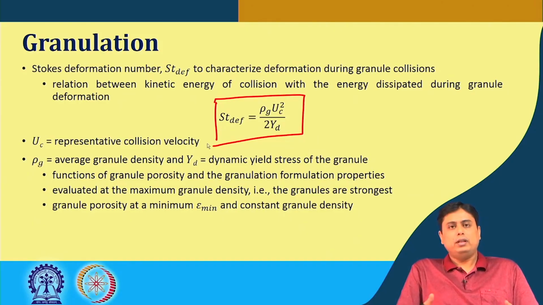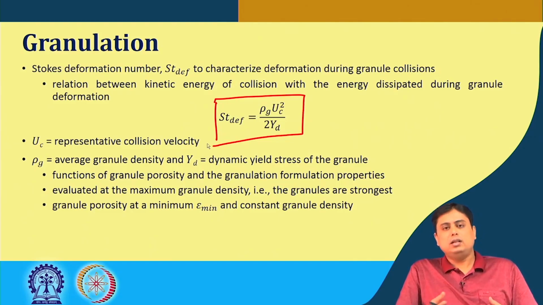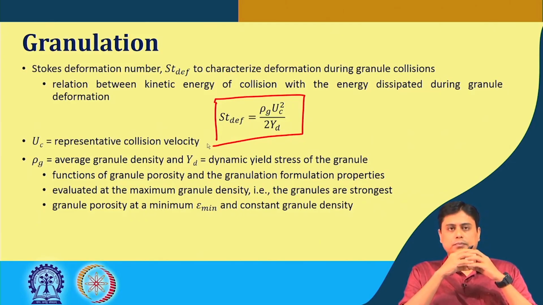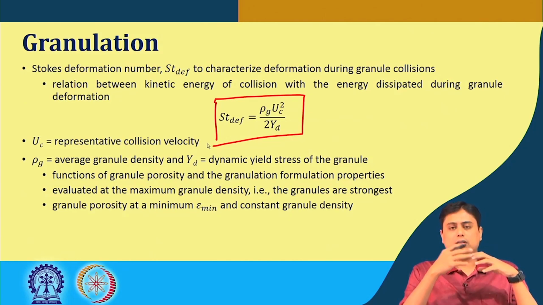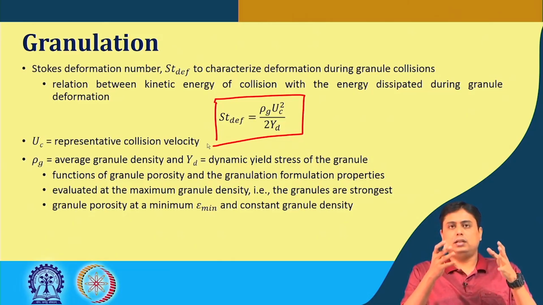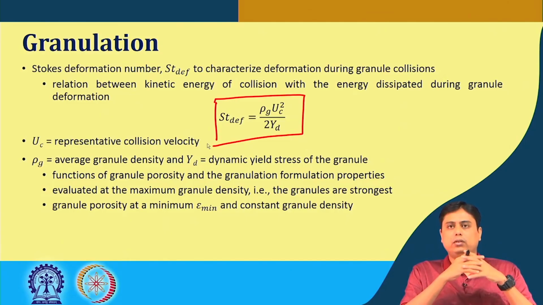This happens when the granule porosity is at its minimum and the granule density does not alter after that period, because that is the minimum voidage it can achieve. It has become such a consolidated granule. So, the Stokes deformation number helps us to identify the deformation during granule collision. It relates the kinetic energy of collision with the energy dissipated during the granule deformation.